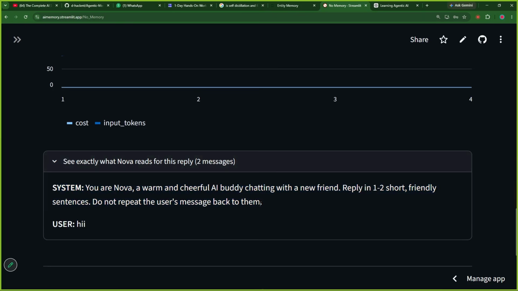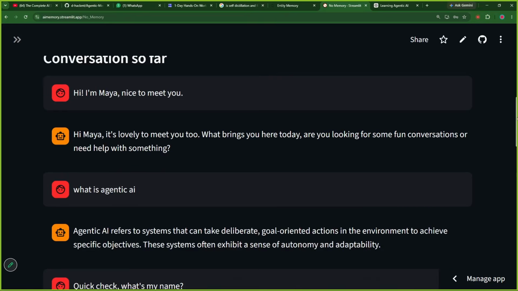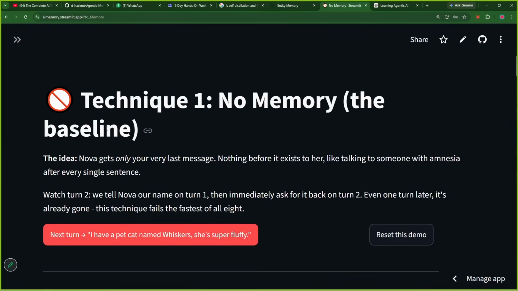System message: internally, we always give instructions to our AI agent, that you are Nova, a warm, cheerful AI buddy. And this is the user message. Every time, this new message will be isolated. And yes, this is the problem with AI agents having no memory.